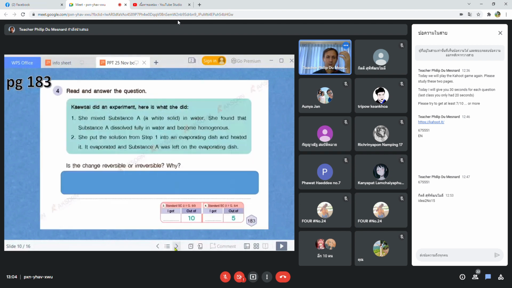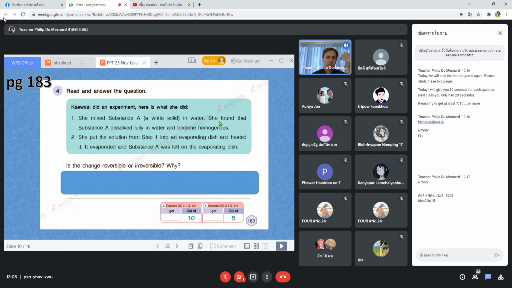Okay. Next question. Okay, so we have to read something. So it says here, KFSI, I don't know if it's a boy or a girl. KFSI did an experiment. Oh, it's a she. This is what she did. She mixed the substance A, which is a white solid, with water. And then she saw that the substance A dissolves fully in the water and it becomes homogeneous.